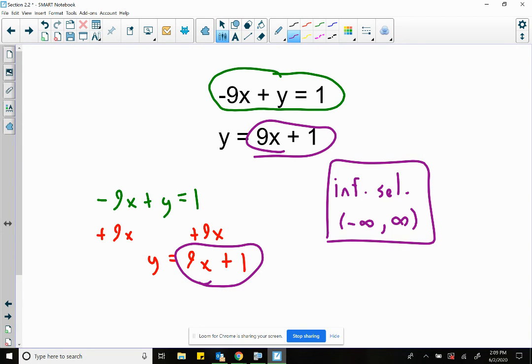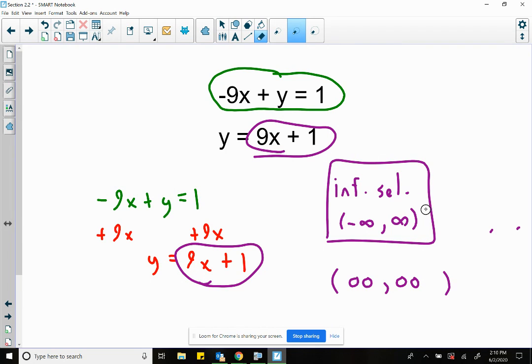Now, when you are doing this inside iMathAS, all you will put in the parentheses is the infinity symbol, comma, infinity symbol, meaning infinite x's, infinite y's. Okay?